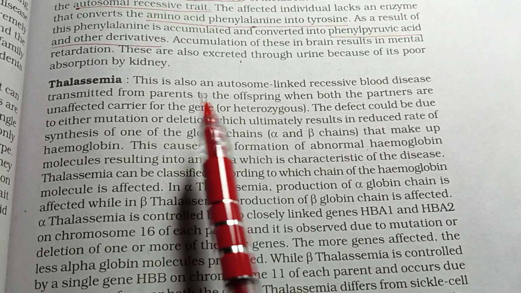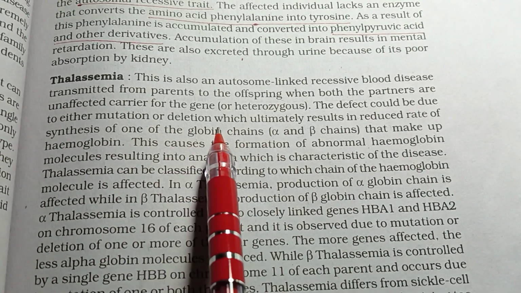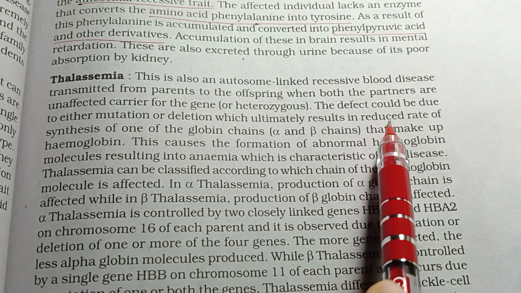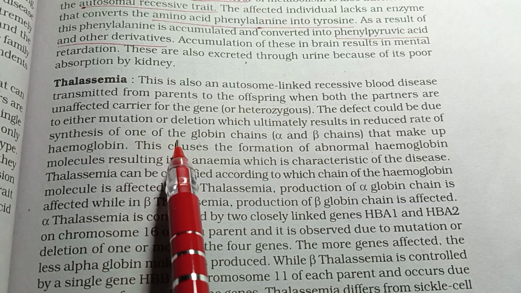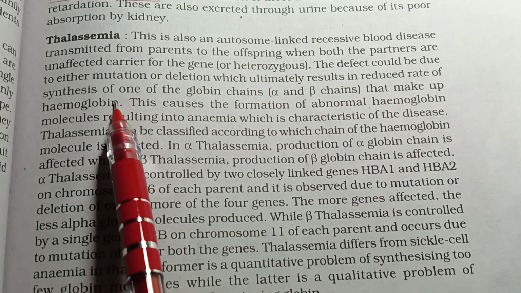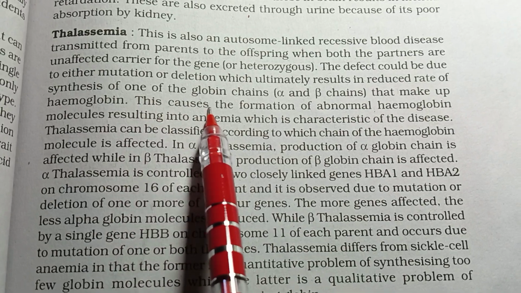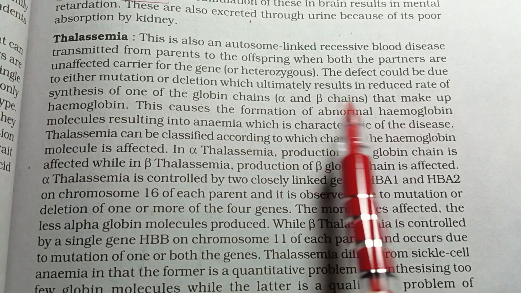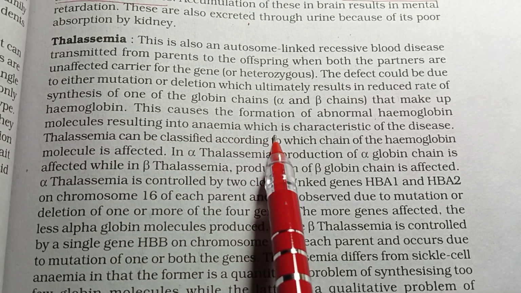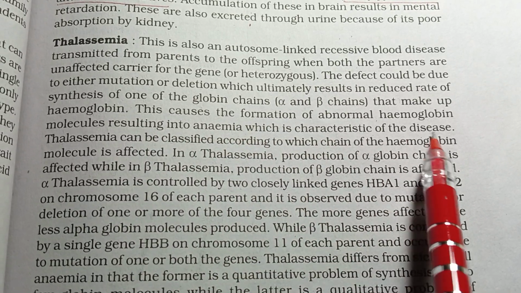The defect could be due to either mutation or deletion, which ultimately results in reduced rate of synthesis of one of the globin chains, alpha and beta genes that make up the hemoglobin. This causes the formation of abnormal hemoglobin molecules, resulting into anemia, which is characteristic of this disease.